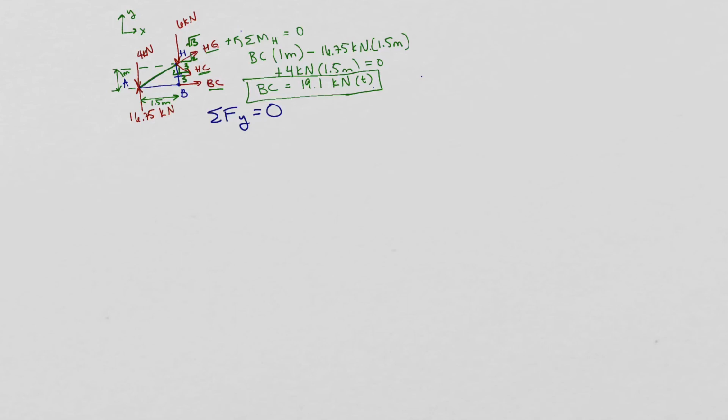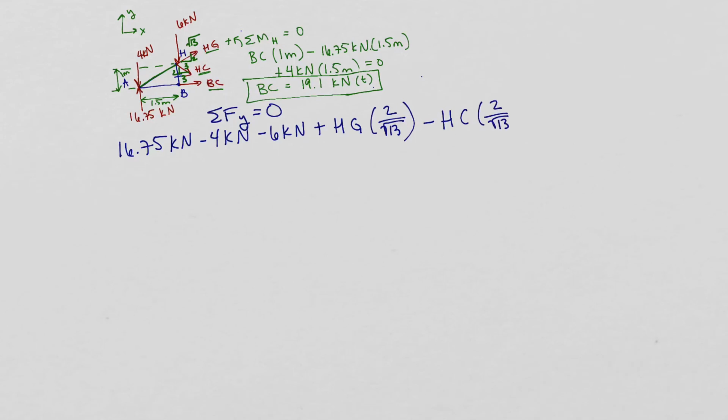So the sum of the forces in the y direction, we get 16.75 kilonewtons minus 4 kilonewtons minus 6 kilonewtons plus that y component of Hg, which would be 2 over the square root of 13, then minus that y component of Hc, which would be 2 over the square root of 13, and then BC is just horizontal, so that doesn't count. Set that equal to 0.